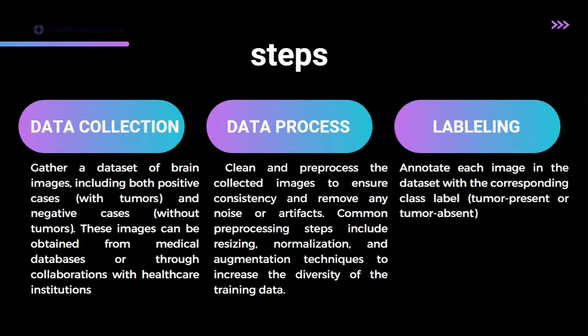The initial step is data collection. You have to gather a data set of brain images which includes both positive cases with tumors and negative cases without tumors. These images can be obtained from medical databases or through collaborations with healthcare institutions. Then data processing: we clean and process, with normalization, resizing and augmentations, and the labeling is done based on Keras.